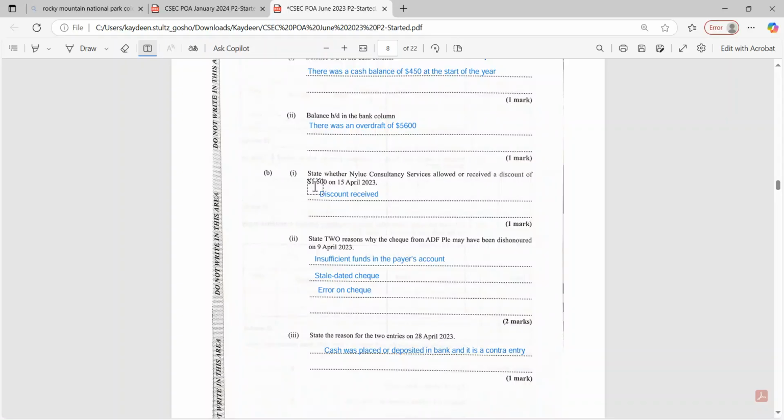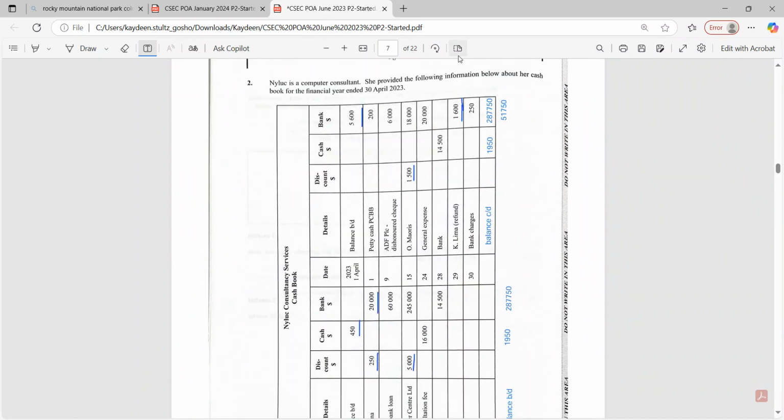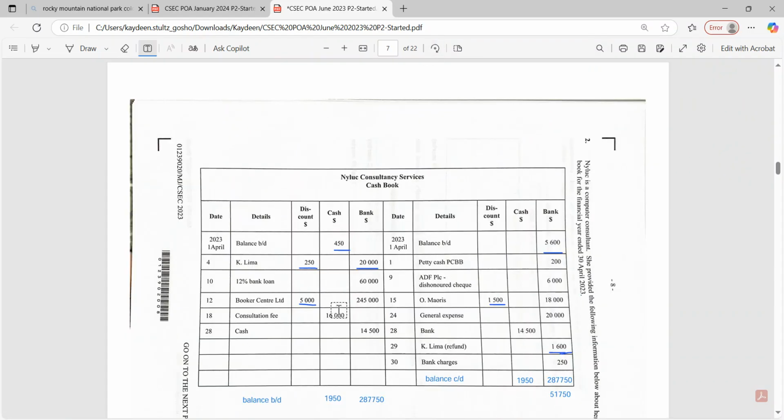Then it says state whether Nylock consultancy services allowed or received a discount of $1,500 on the 15th of April 2023. So let's look for the 15th of April 2023. So here it is. We have $1,500 under the discount column and $18,000 under the bank column.